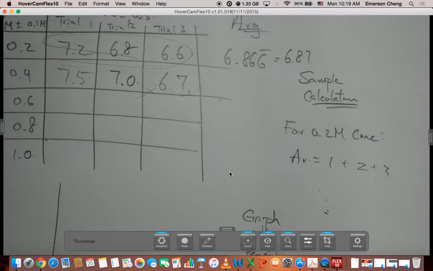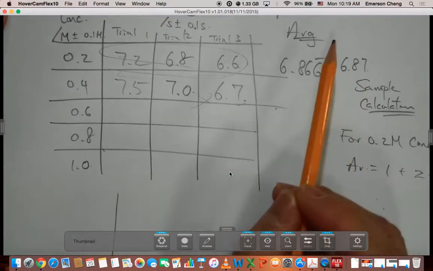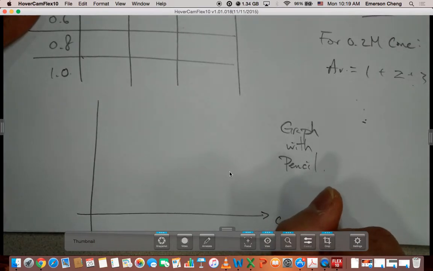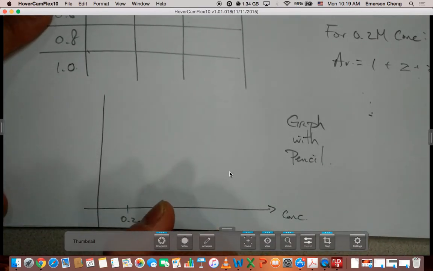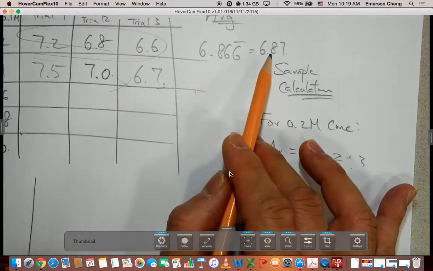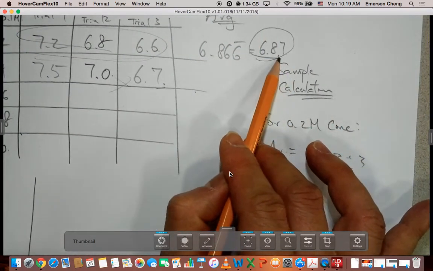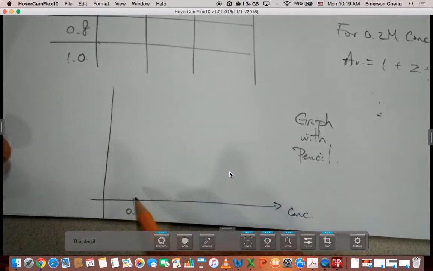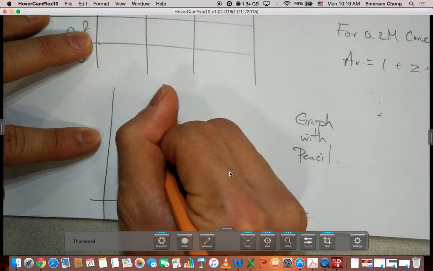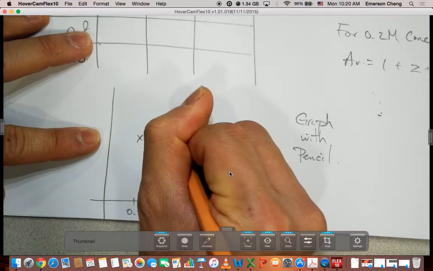So I'm going to just plot 1 point. So here, for this graph, concentration is down here. So let's just say this is 0.2. When you plot this 1 point, you only plot this point here, 6.87.